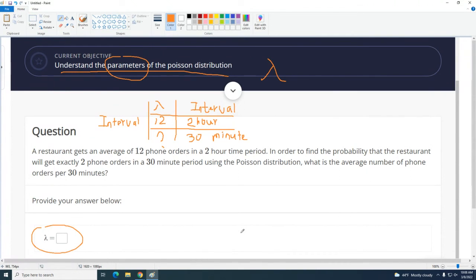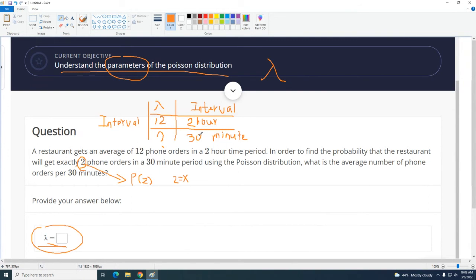Oh, I was just reading off the question. What is the probability of getting 2 phone calls in 30 minutes? So that 2 phone calls, that's not a lambda, that's an x. We want to calculate the probability of 2, right? So the 2 is the x. But first, we have to find the proper lambda.